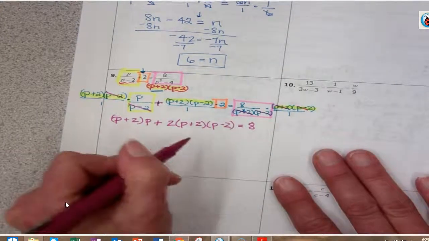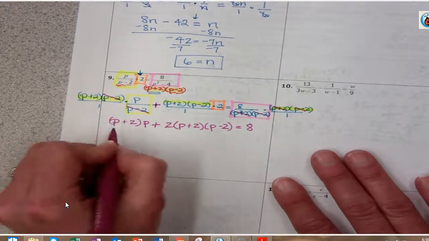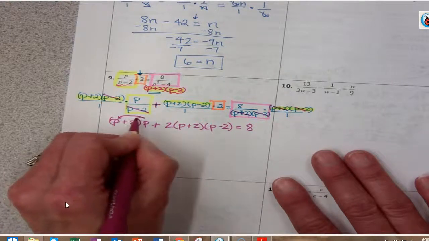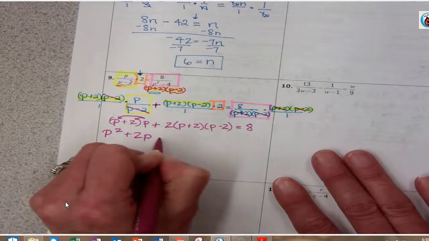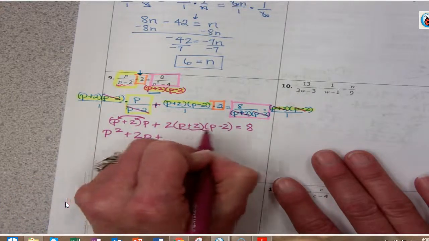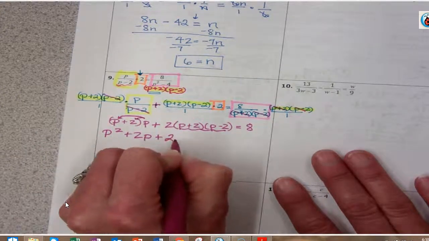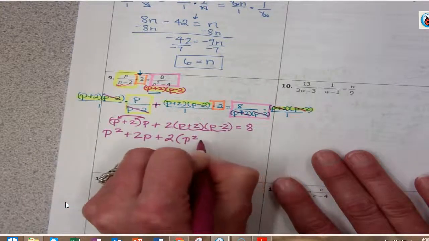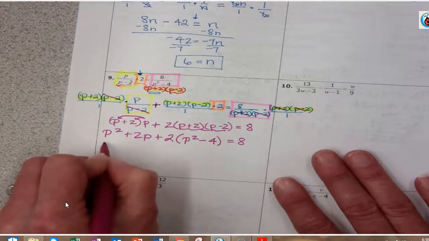Now the benefit is I have no fractions. So I can now just distribute, and I distribute this, p squared plus 2p plus, I'm going to have to multiply that out, and I would get 2 times p squared minus 4 equals 8.